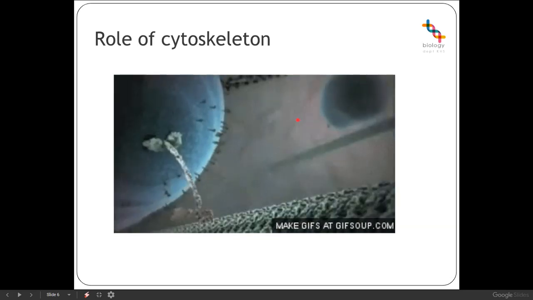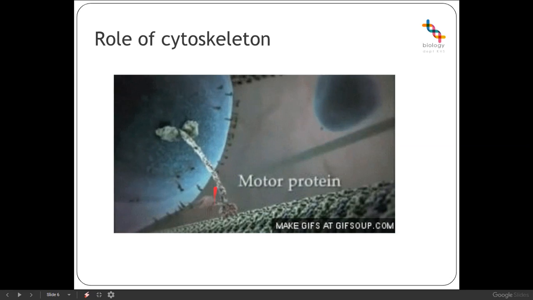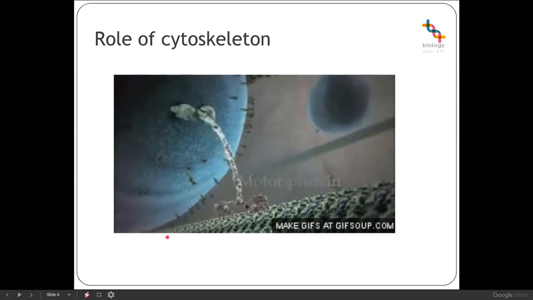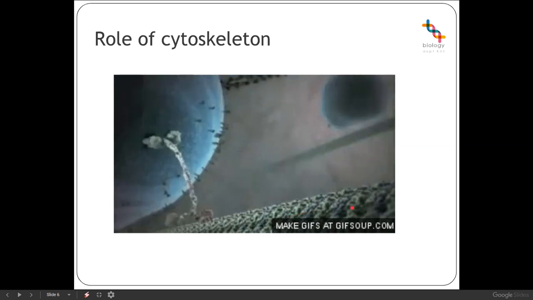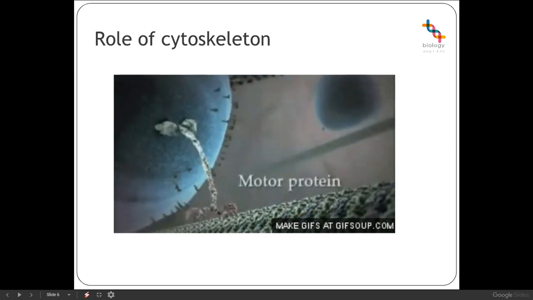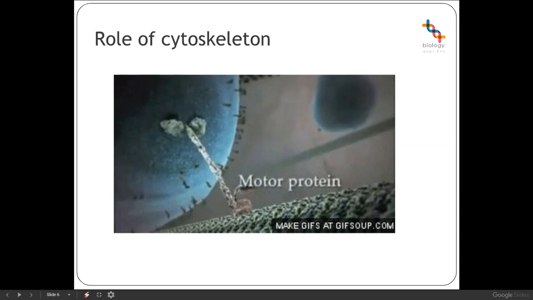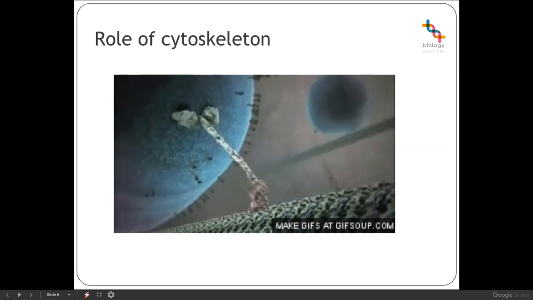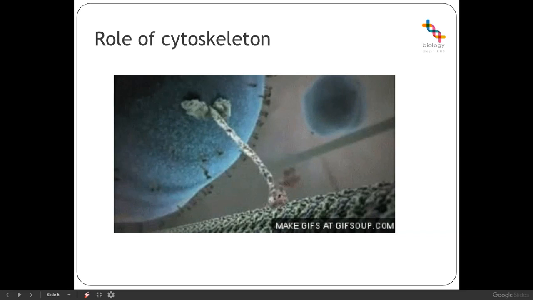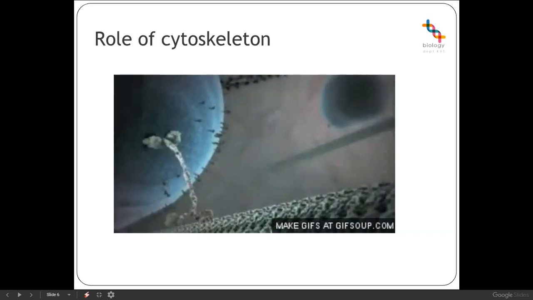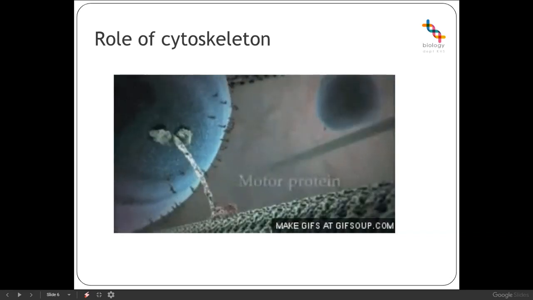In this case, this protein is a kinesin protein, referred to as a motor protein, and the one that it's attaching to along here, this one down here, is your microtubule. So what the motor protein is essentially doing is it's made of a twisted fibre, and that fibre is attaching to the microtubule and walking the organelle along to its location, to where it's finally supposed to be going.